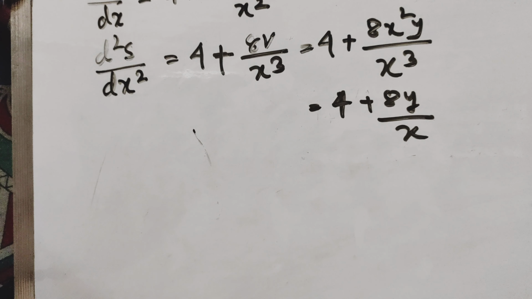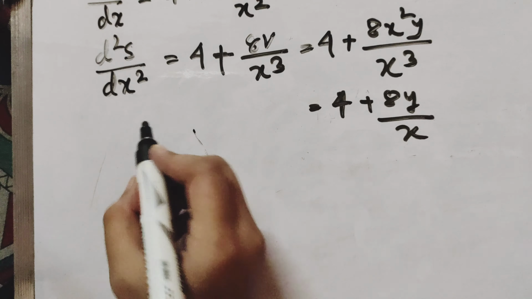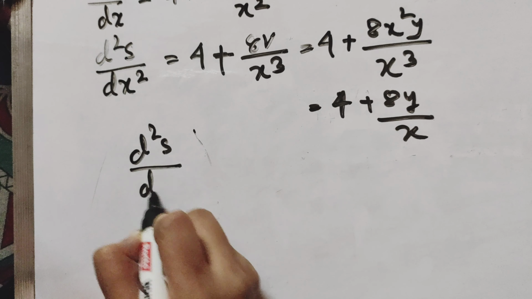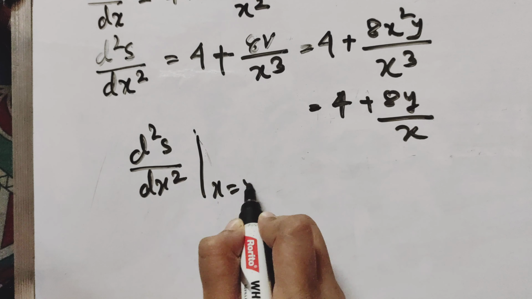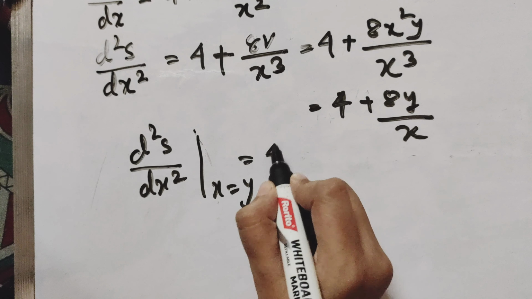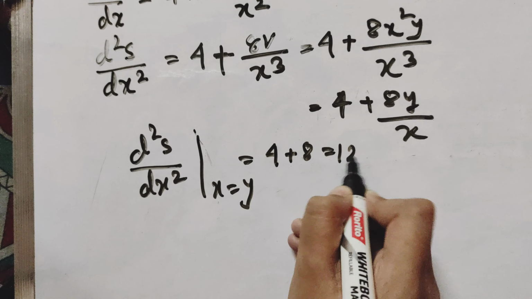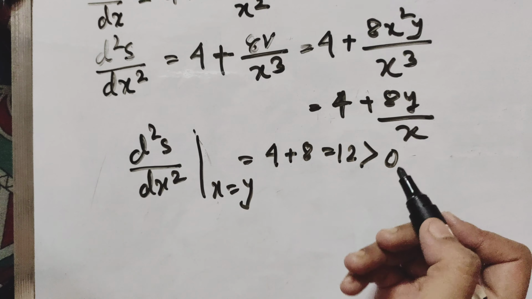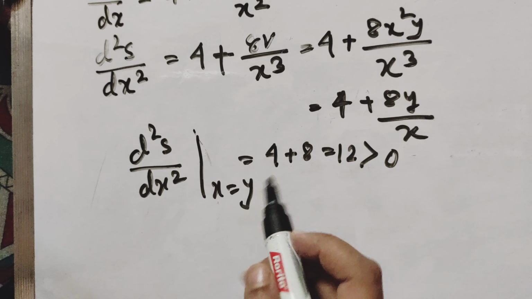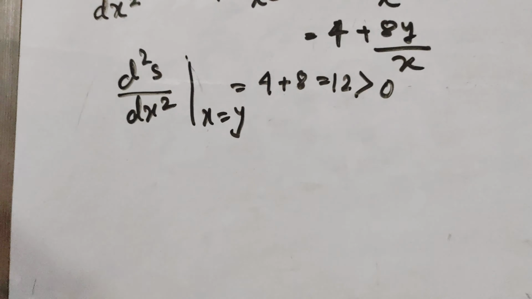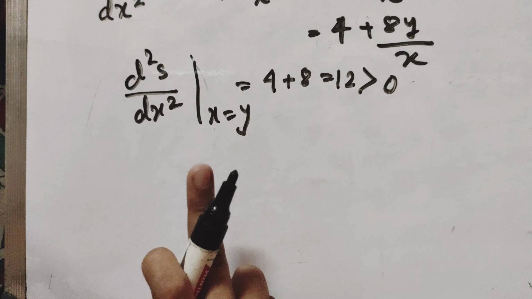Right. Now at the point x equals y, d squared S by dx squared is 4 plus 8, that is 12, which is greater than 0. So at x equals y, our function S is minimum.